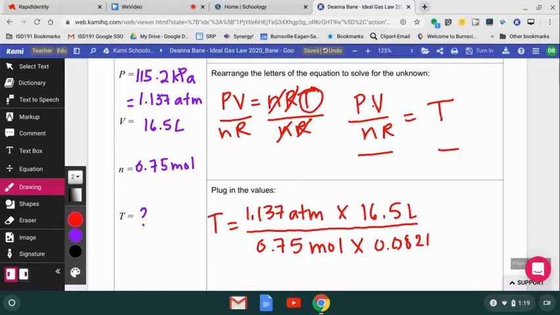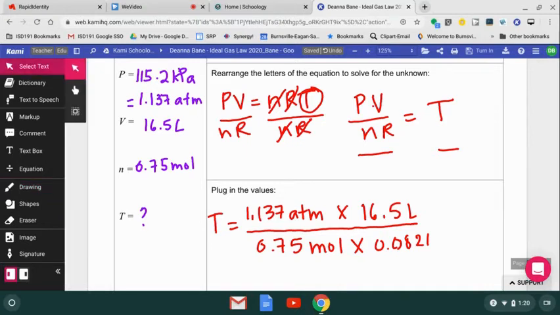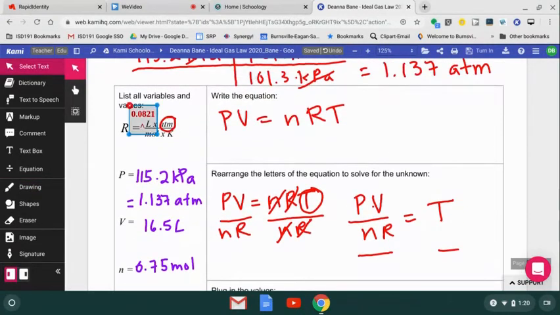The units are a fraction though, and I don't like to divide by fractions. So I'm going to take those units and multiply the reciprocal of the units times my fraction here. So let's go back up and just look at this again. So it's liters times atmospheres divided by moles times Kelvin.